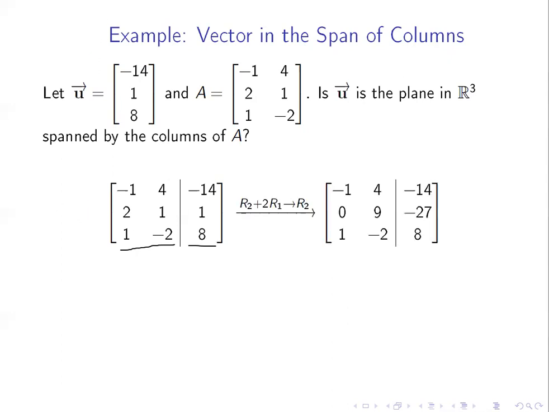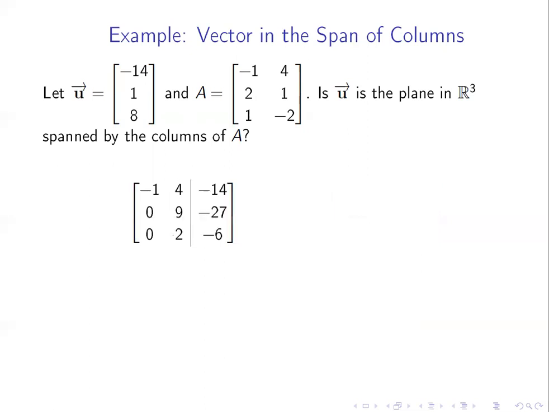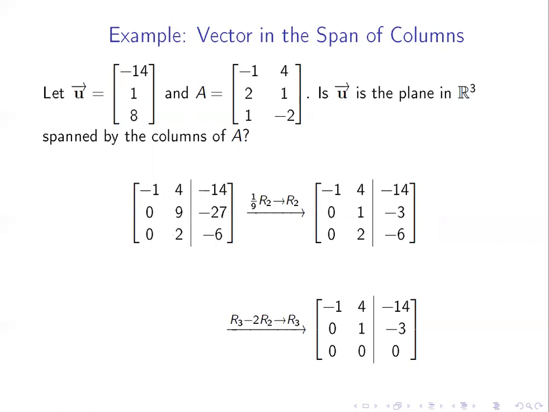All right, so if you did that, you can do row 2 plus 2 times row 1, and then I can do row 3 plus row 1. Looking at this, I can further say, okay, I can scale row 2 by dividing by 1/9, and then I can take row 3. And notice I have a row of zeros on the bottom, so essentially I could throw away that row.